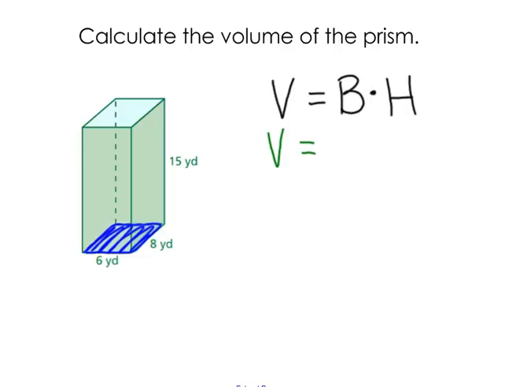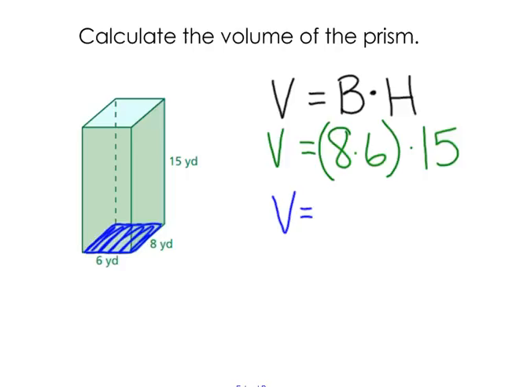Step two, we're going to plug in area of the base, which would be 8 times 6. And then we're going to take that amount and multiply it by the height of the prism, which is 15. Okay, for step 3, we can go ahead and work out our solution.